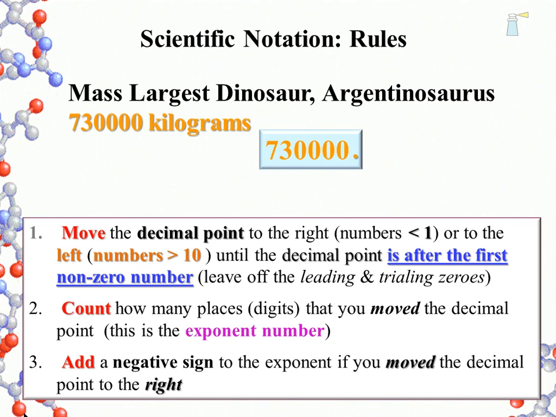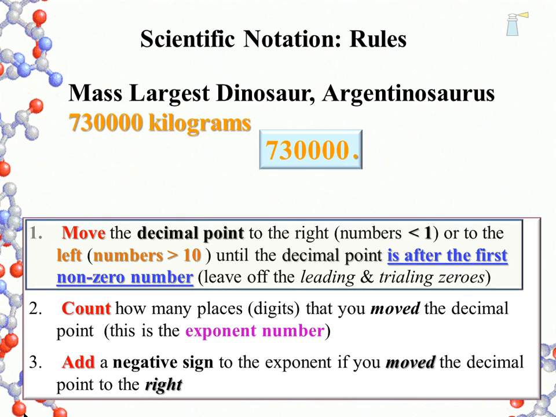Consulting Rule 1, we see that we should move the decimal point to the left since the number is larger than 10. We need to move it until the decimal point is after the first non-zero number. That's between the 7 and 3. Okay. 1, 2, 3, 4, 5.